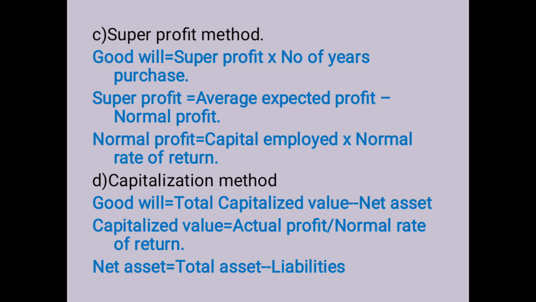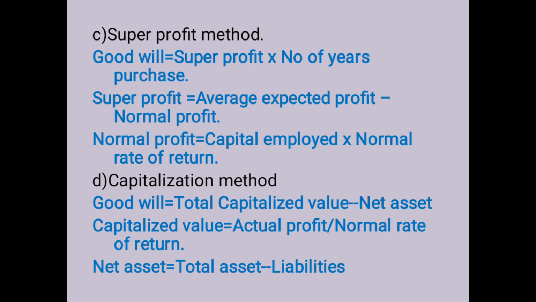Average profit is compared with the normal yield on the invested capital in the firm. The excess of average profit over normal yield or profit is known as super profit. We calculate the super profit and then goodwill. The format: goodwill is equal to super profit into number of years' purchase.